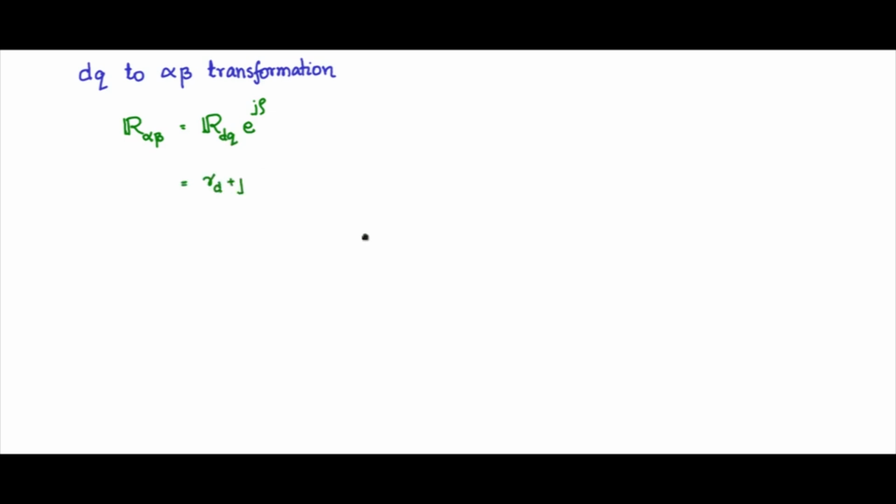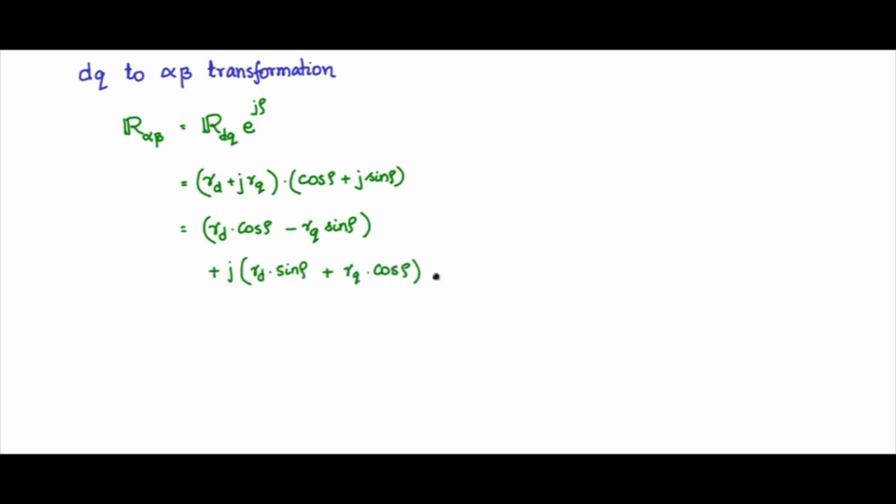This can be expanded as (RD plus jRQ)(cos rho plus j sin rho), and expanding it further, you have RD cos rho minus RQ sin rho. This will be the real part, and the imaginary part is RD sin rho plus RQ cos rho. So this will represent R alpha, this will represent R beta, and you can say R alpha plus jR beta.